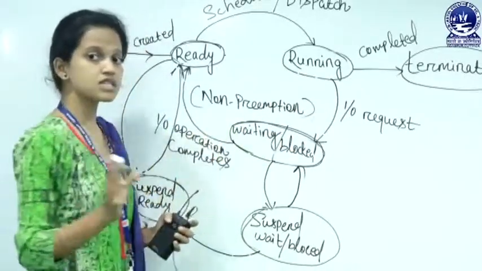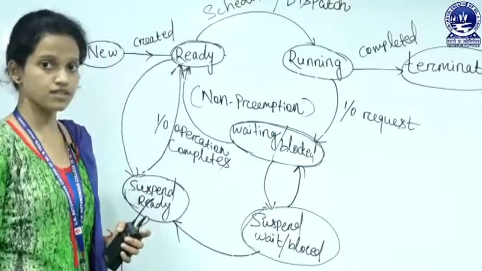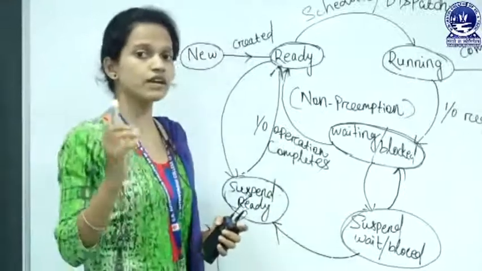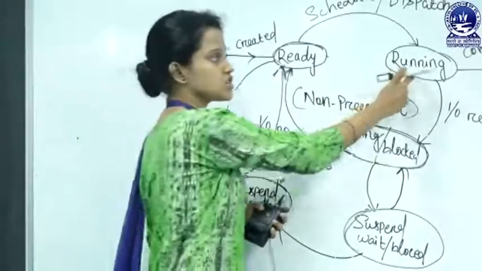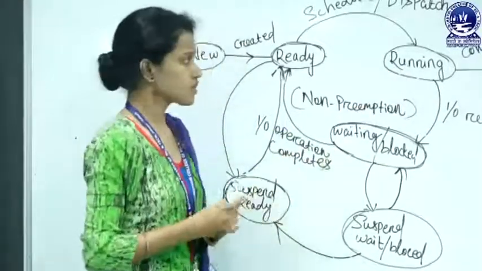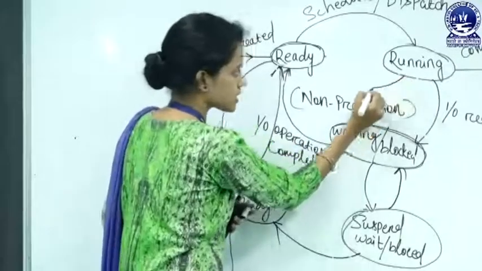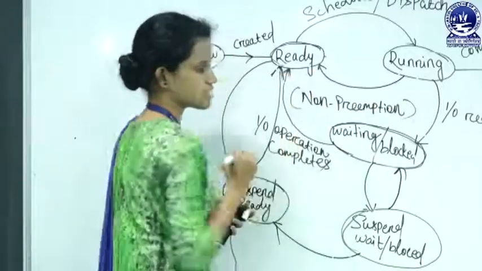But we have multitasking operating systems. What happens there? We can forcefully remove the process from the CPU. So, if I draw this transition from the running state to the ready state, then this would be called preemption.